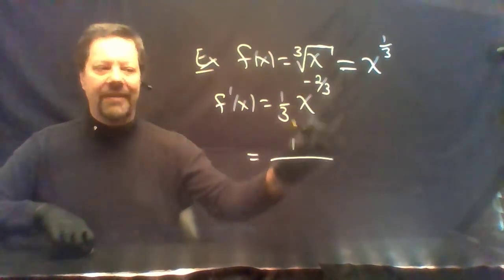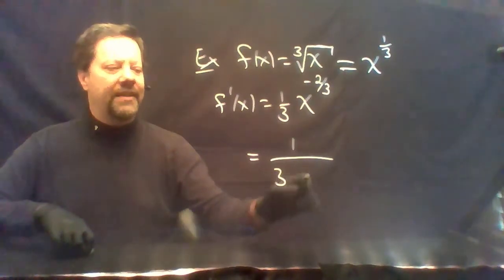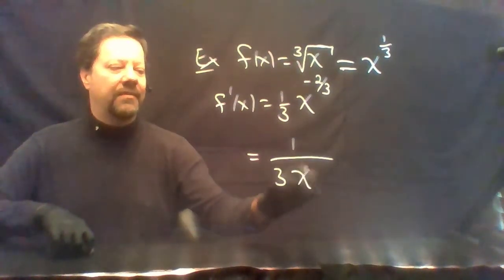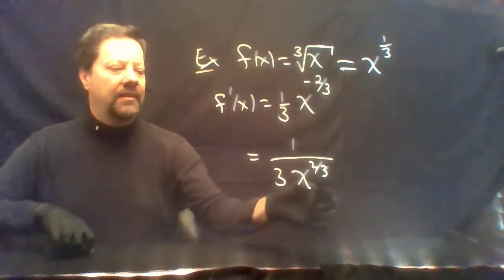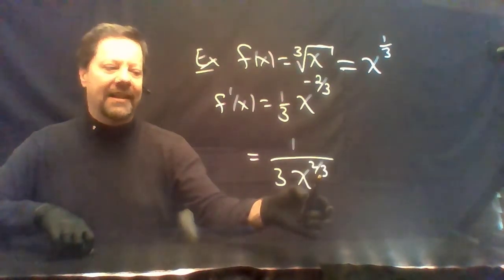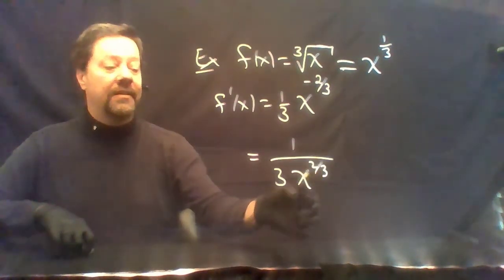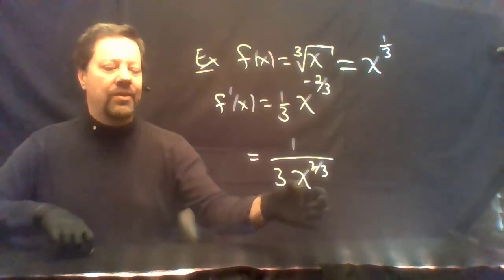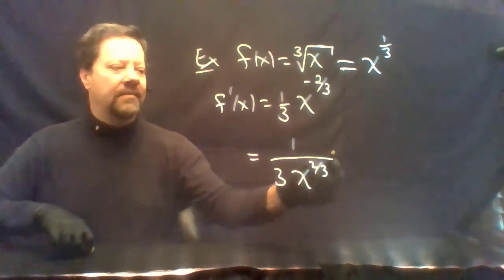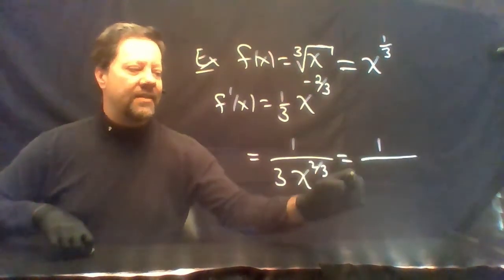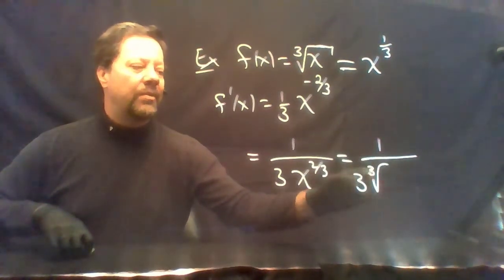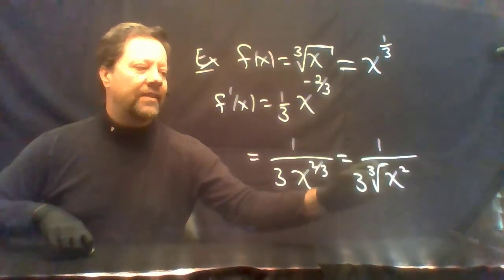To get a positive exponent, we'll shove that across the division symbol. The 3 in the denominator of the exponent is a cube root, where the 2 in the numerator is just a square. So we can rewrite this as 3 cube root of x squared.